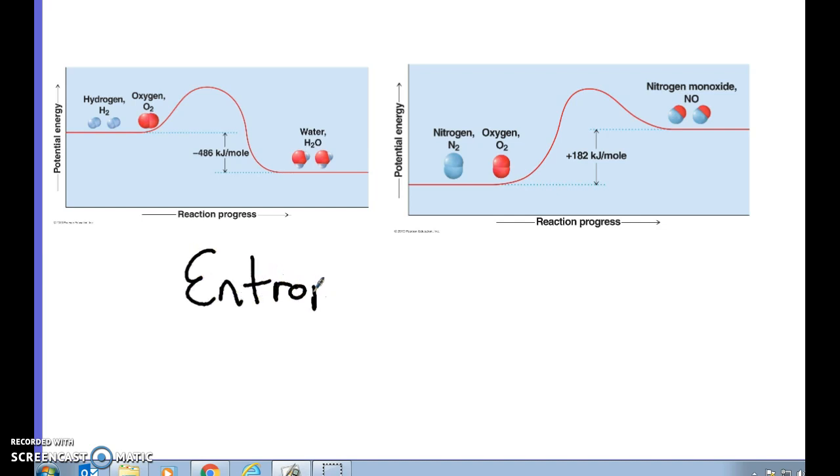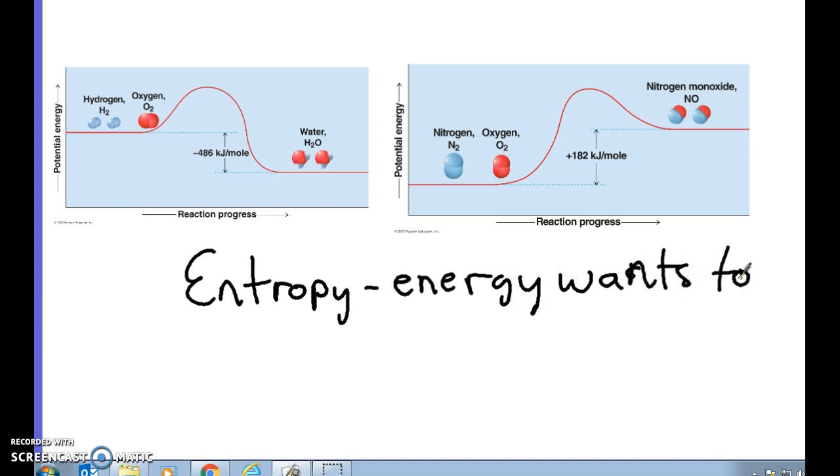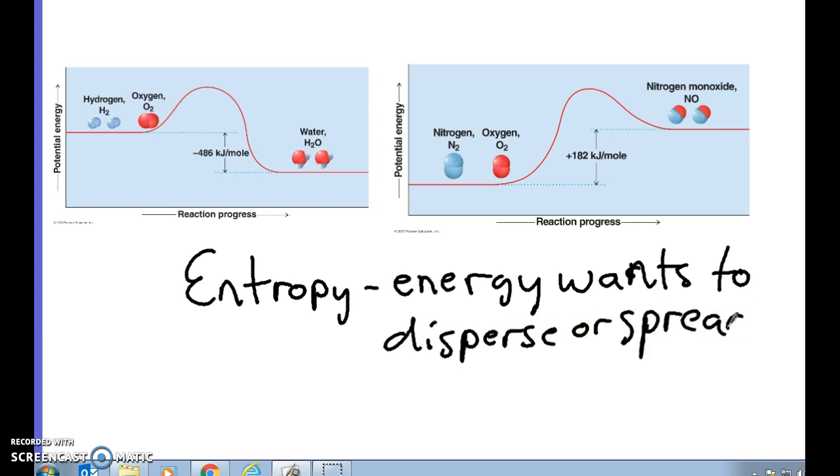All right, entropy is where energy wants to disperse or spread out. And this is kind of the natural way that reactions want to go. These tend to occur more naturally. When they spread out their energy and give off energy, those are more likely to occur.